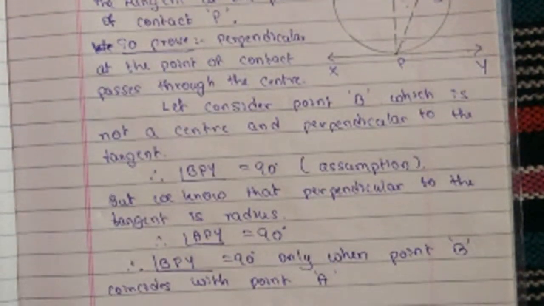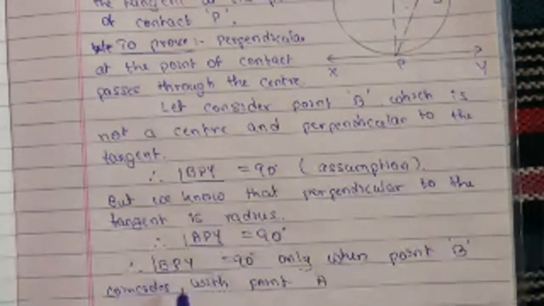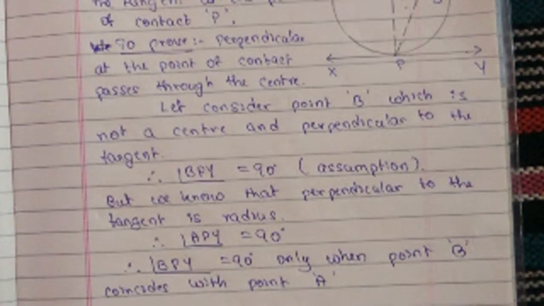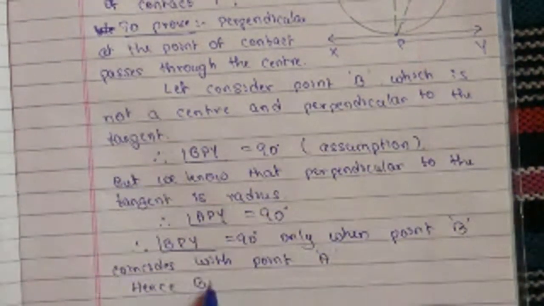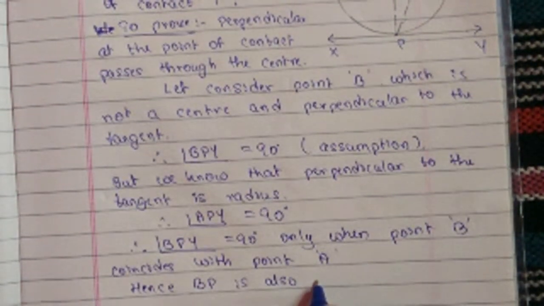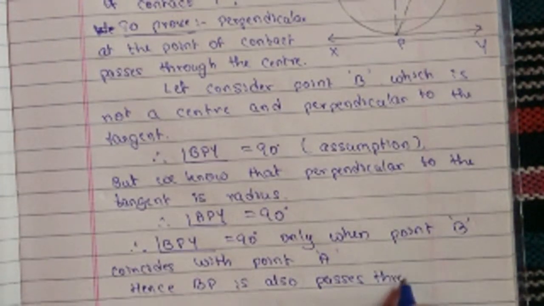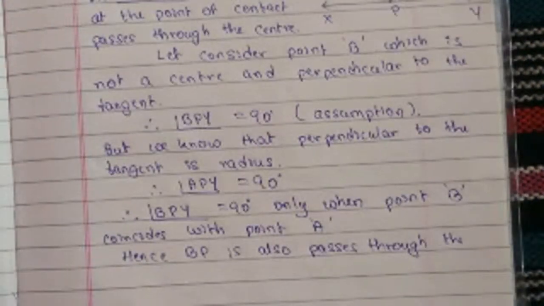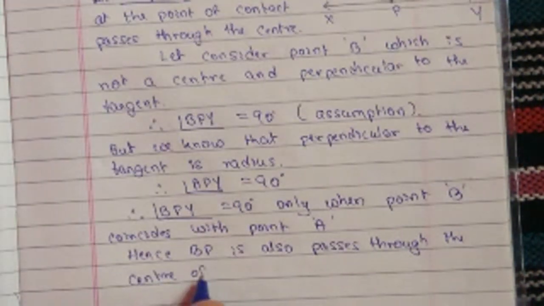This is the case when B overlaps on point A. Hence, BP also passes through the center of the circle.